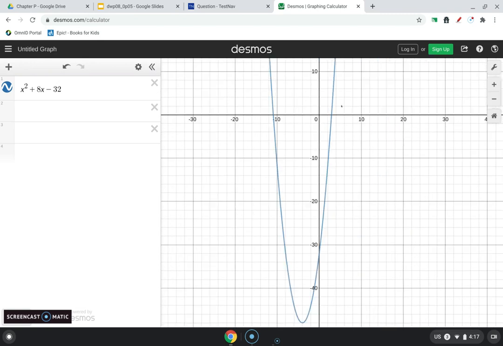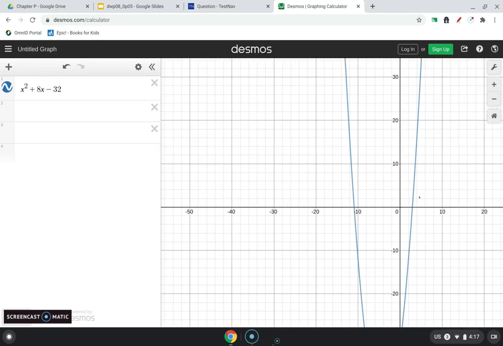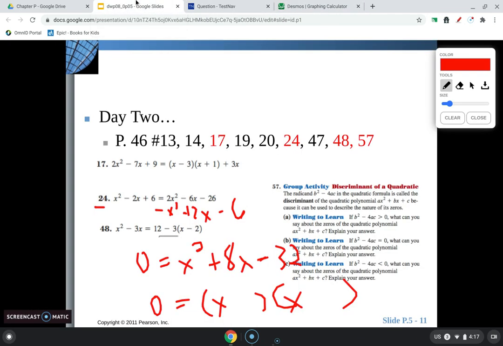So there are your 2 answers. Yeah, we couldn't factor it. Those come out to be decimals. 2.93 and negative 10.93. So 2.93 and negative 10.93 for 24.